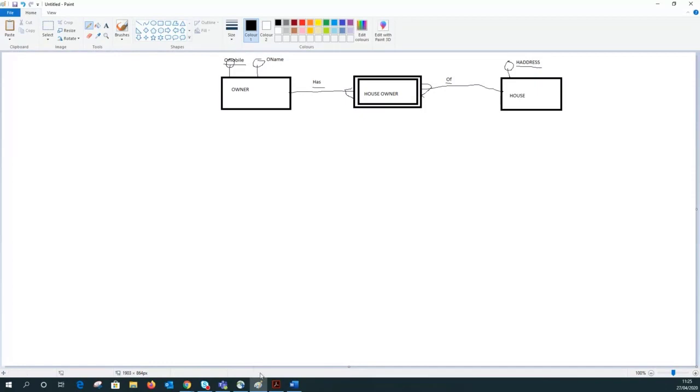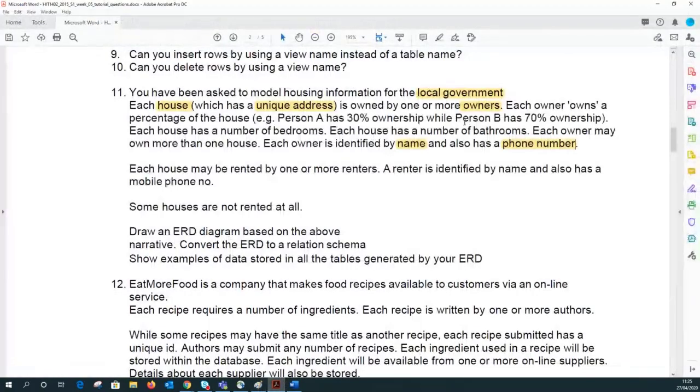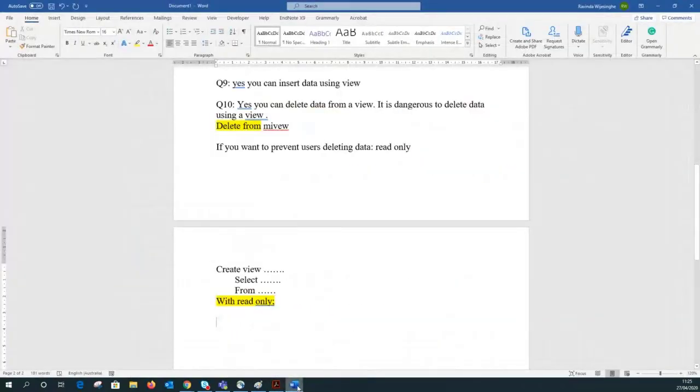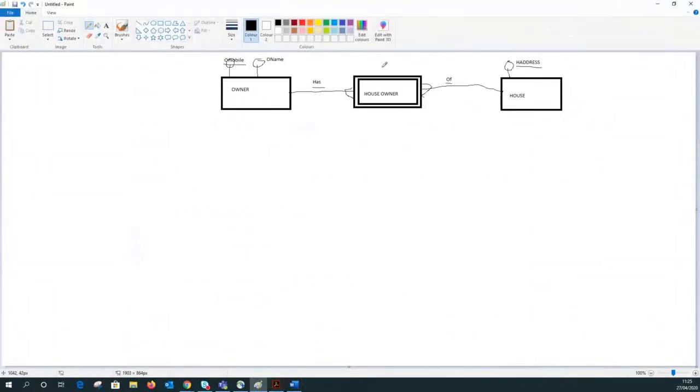So what else do we need to record in this particular entity? Yes, Joseph says ownership percentage. We need to record the percentage owned, because person A may own 30% and person B 70% of a particular house. So we need to record how much percentage each owner owns. Let me go back to here.